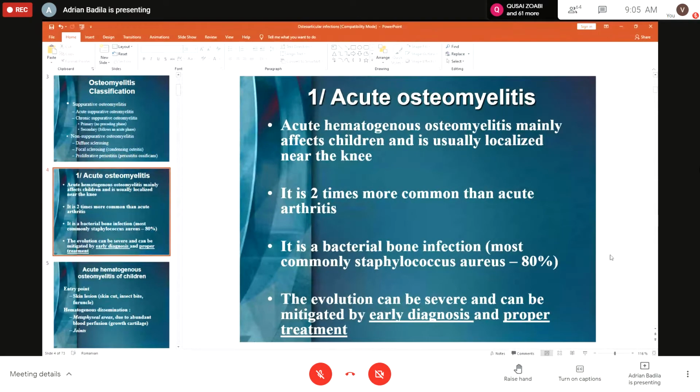It is a bacterial bone infection, and in most cases it is produced by Staphylococcus aureus. That represents around 80% of all cases of acute osteomyelitis. The evolution can be severe, but it can be mitigated, of course, by early diagnosis and proper treatment.